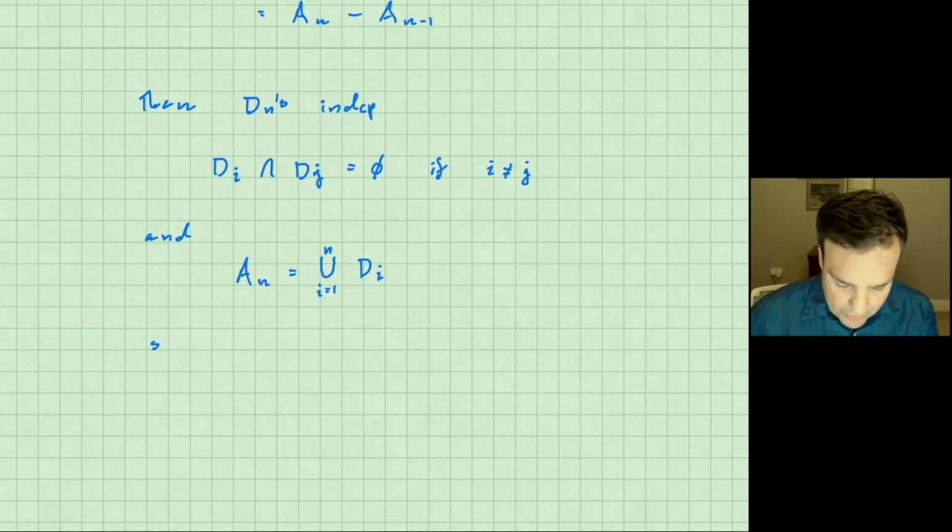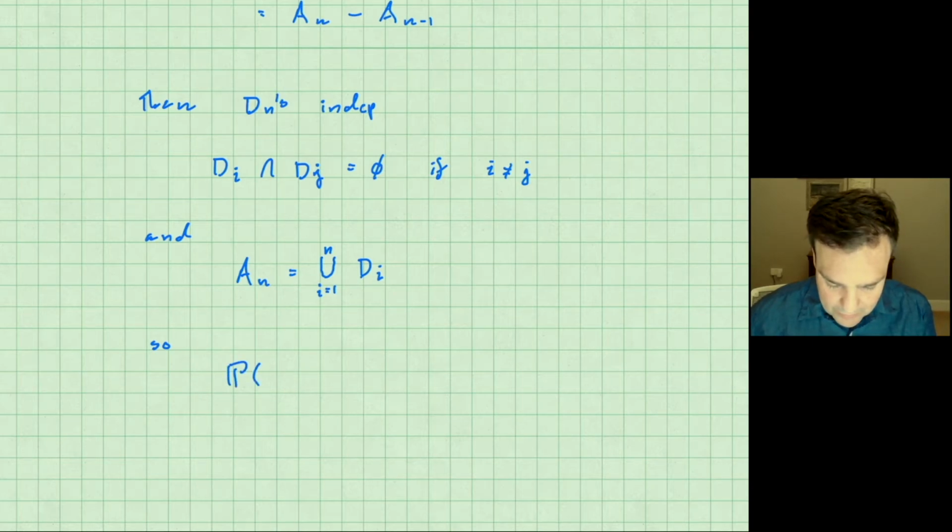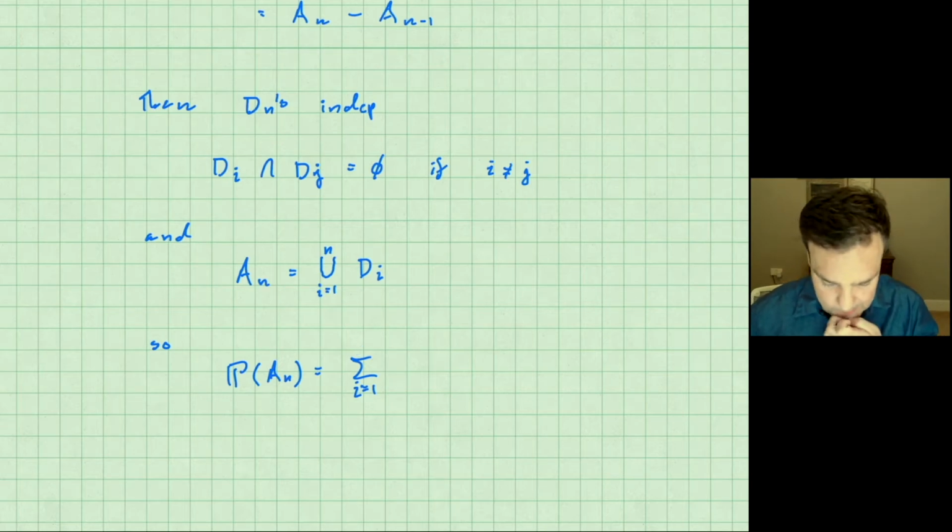And therefore, since those are disjoint, the probability of A_n is the sum, I guess I'll use i, from 1 to n, of the probabilities of the D_i's.